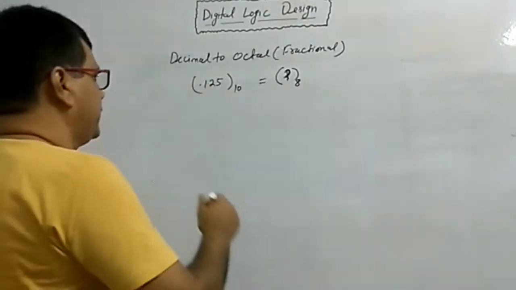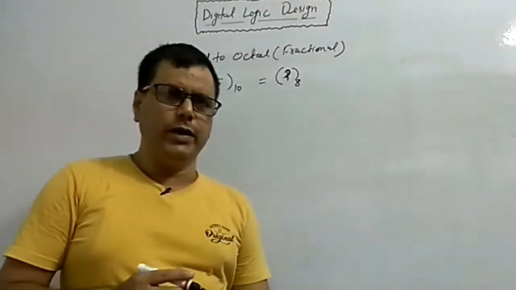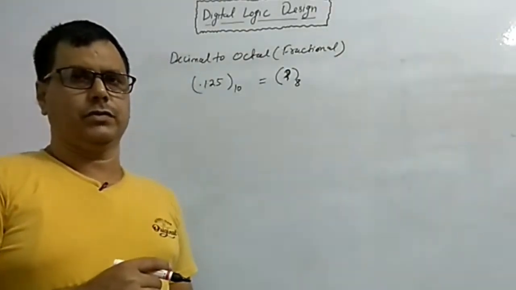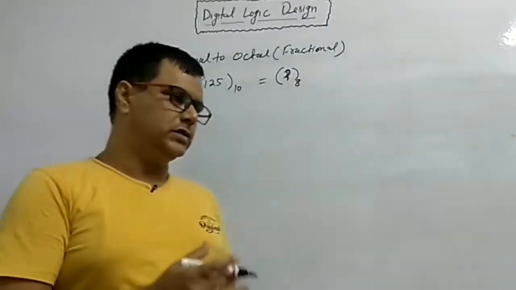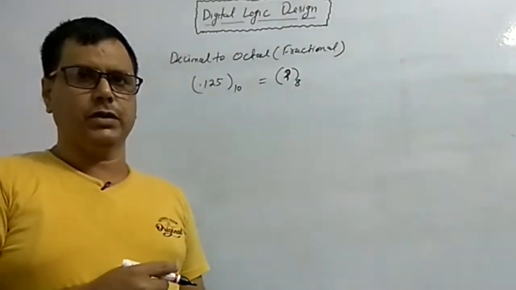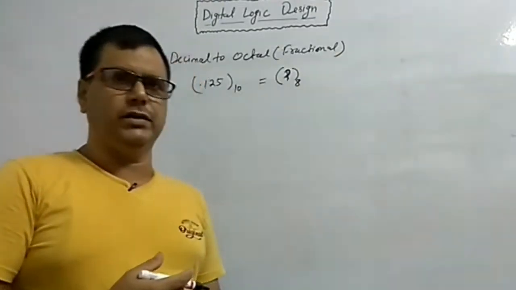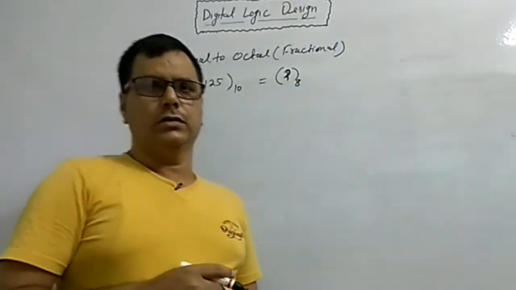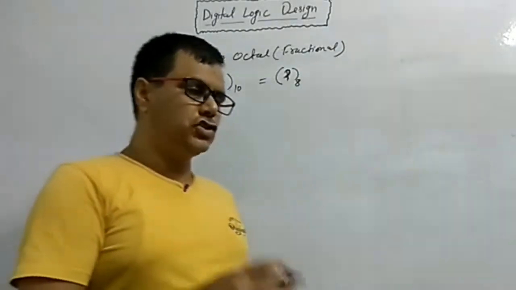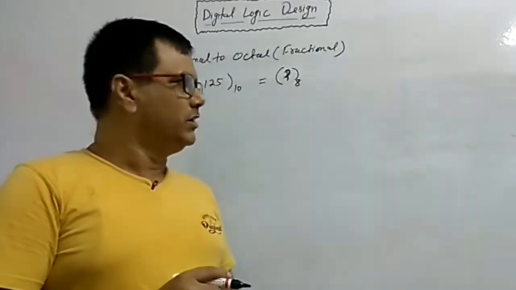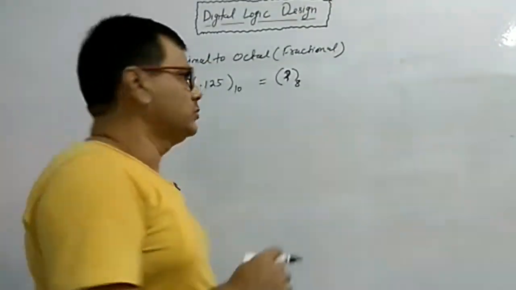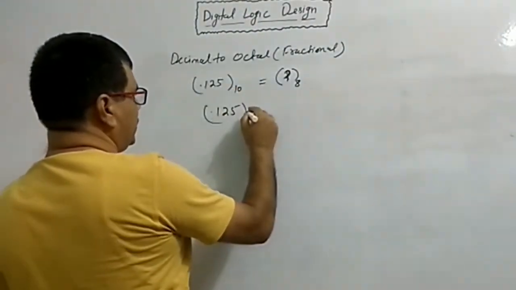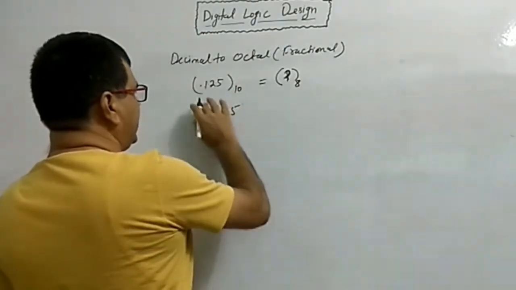The process is very simple. Here we will multiply the decimal number by 8 and extract the integer part of the resulting number. Again the fractional part gets multiplied, and we keep on doing this until either the fractional part becomes 0 or it leads to repetitions. So take 0.125 as the decimal number, then multiply it by 8.